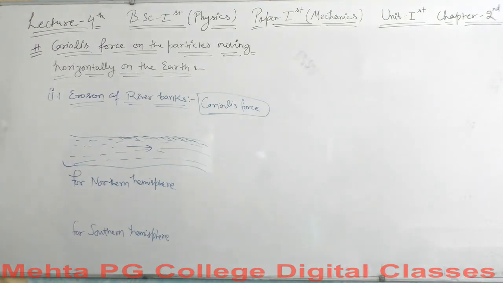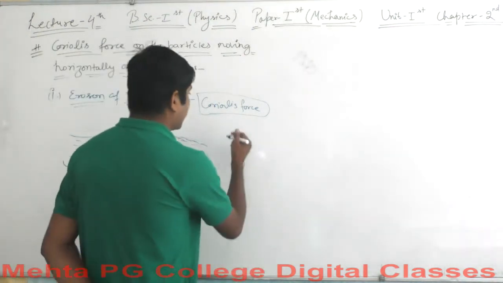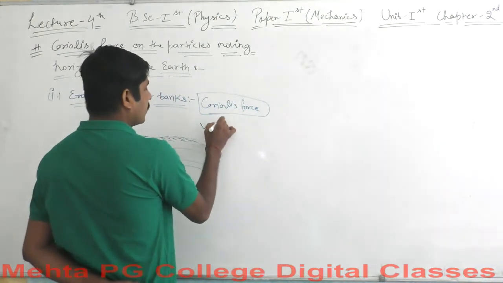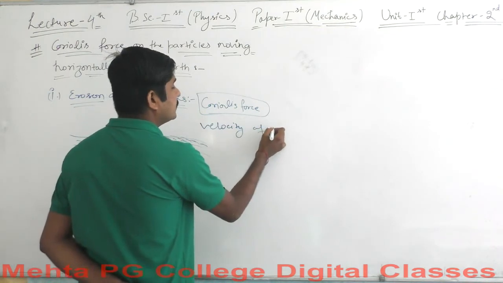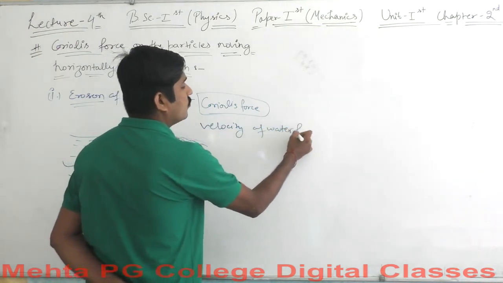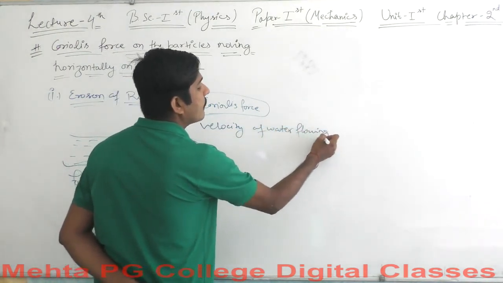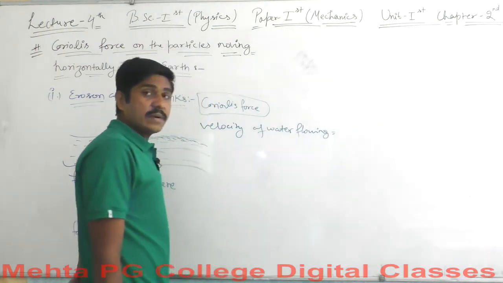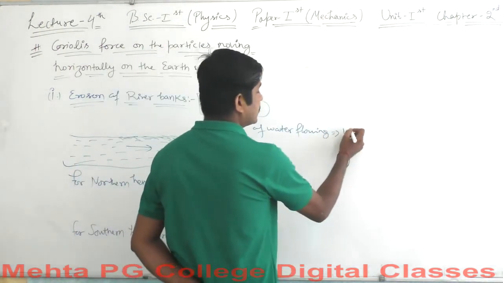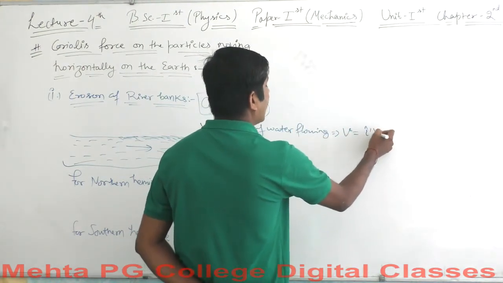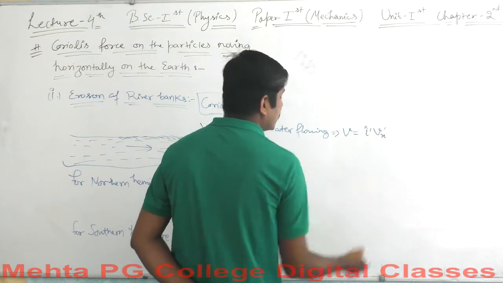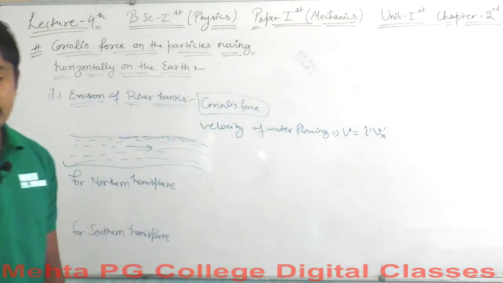Let us suppose the water is flowing with a velocity Vx' in the eastward direction, the velocity of water flowing. We will take only the component form, so this is V, and V must be equal to i-cap Vx', into the direction of x there.